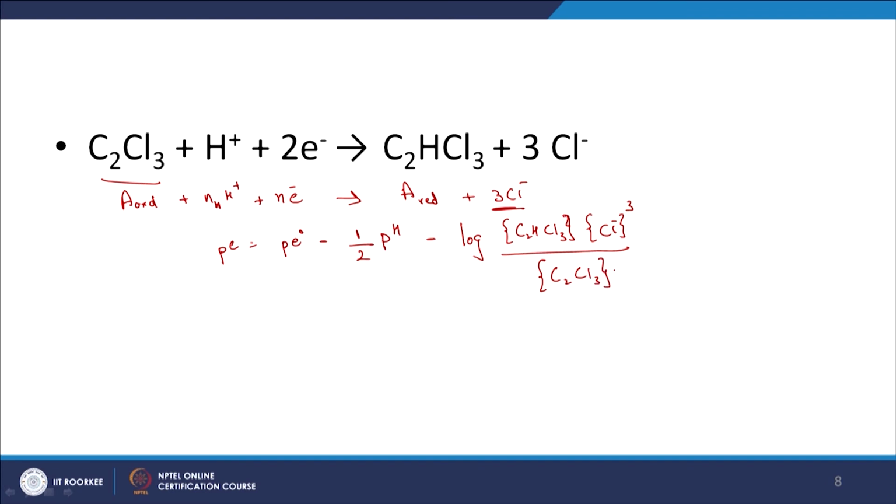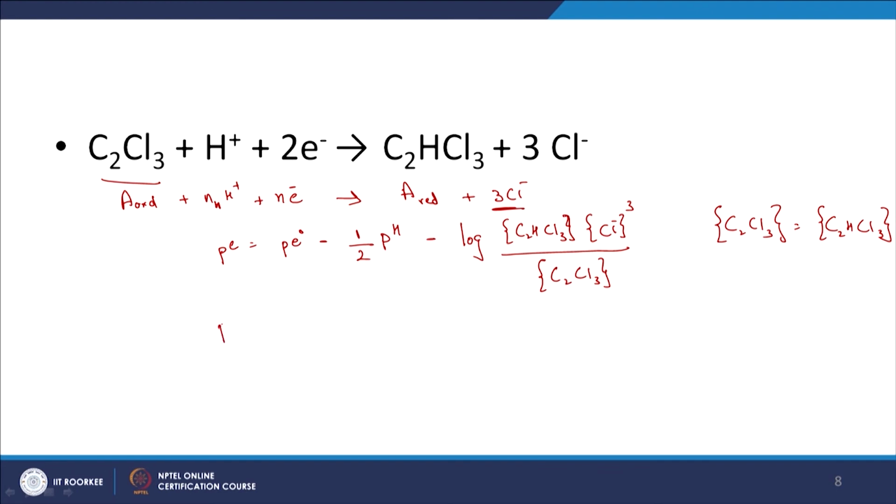We will just look at the simple case when the concentration of C2Cl3 is equal to the concentration of C2HCl3. Let us take this Cl minus term outside.